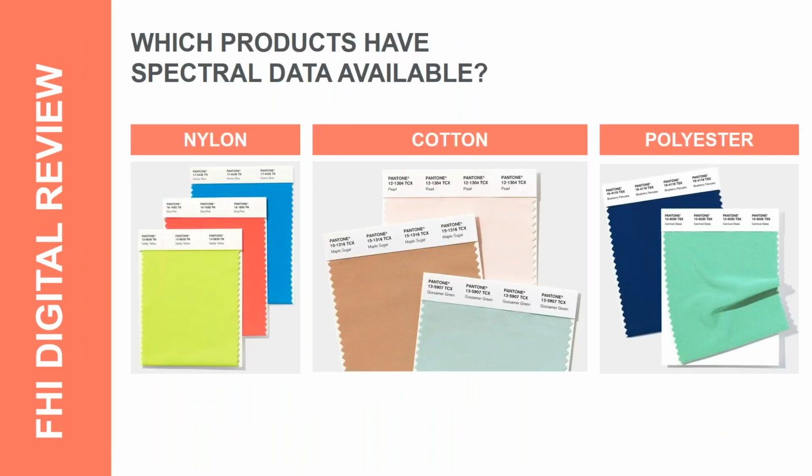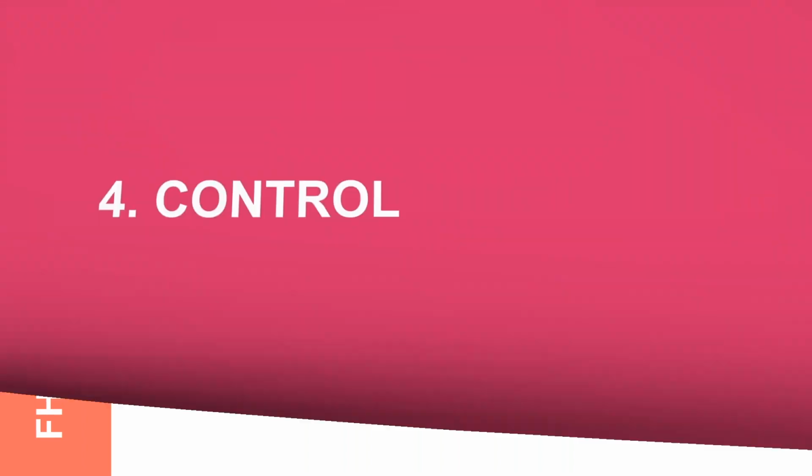So the nylon, cotton, and polyester libraries all have spectral data attached to them. So for just a fraction of the cost of the swatch itself, you can have that digital data and use that now to verify and communicate color with your partners.